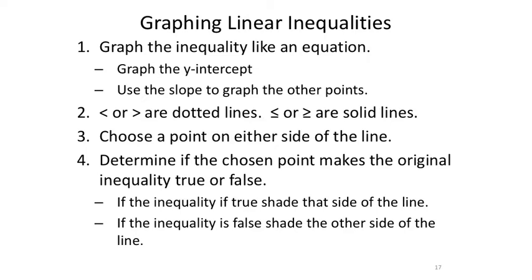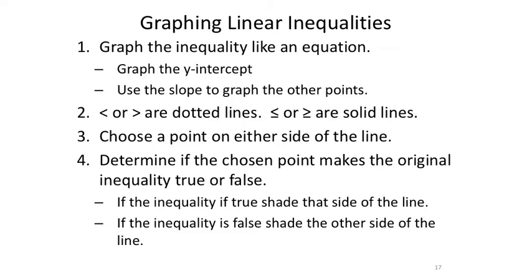And that's where we need the third and fourth steps here. Choose a point on either side of the line because we're going to test it. Once we test it, if it's true, then we shade that side of the line. If it's false, we shade the other side of the line. So true tells us shade. False tells us shade the other side. Maybe that's more confusing, but hopefully an example will help.